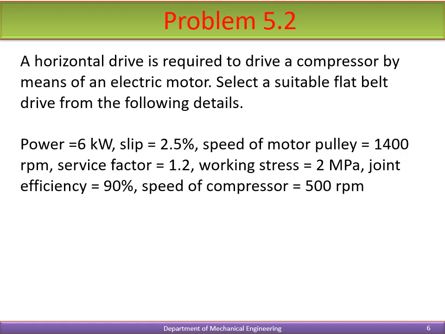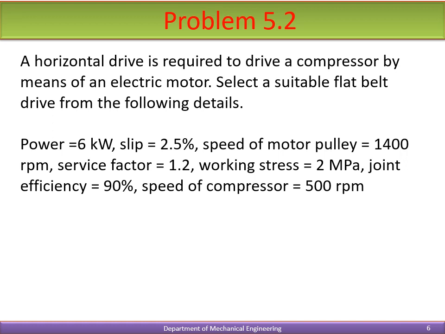Speed of the motor pulley driver NS is equal to 1400 rpm, and the service factor CS is equal to 1.2, sigma D is equal to 2 megapascal, and eta J, the efficiency of the joint, is equal to 90%. Speed of the compressor driven NL is equal to 500 rpm.